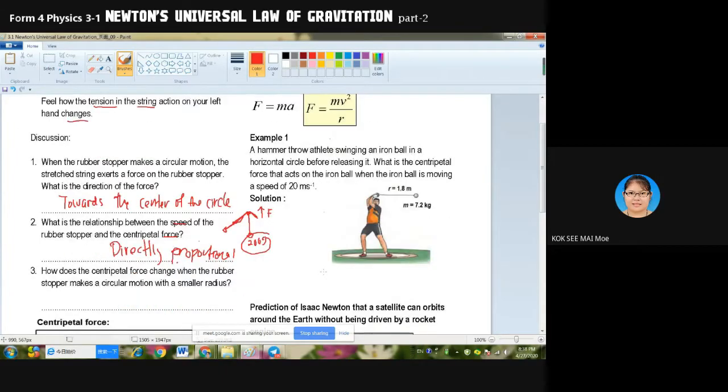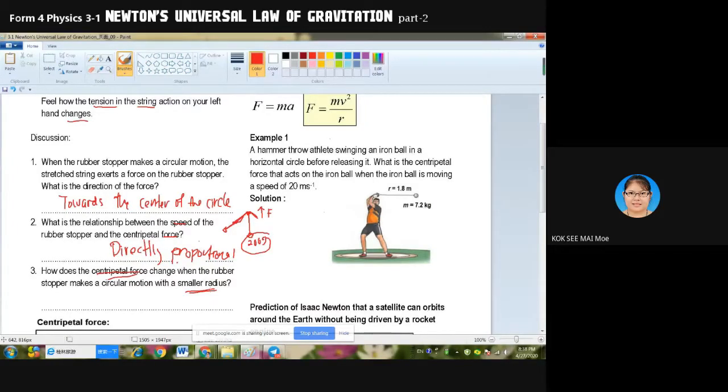Okay, the next one asks about the radius. Force constant now. How does the centripetal force change when the rubber stopper makes the circular motion with a smaller radius? Okay, first one, your speed. Now they never say about the speed. They say centripetal force changes when the rubber stopper makes the circular motion. Radius becomes smaller. You tell me how about your force? I want to continue the speed.